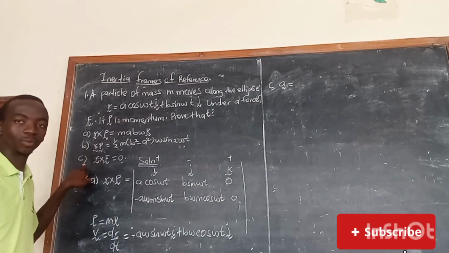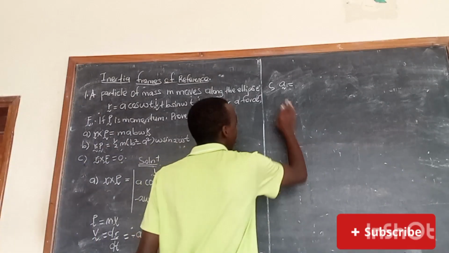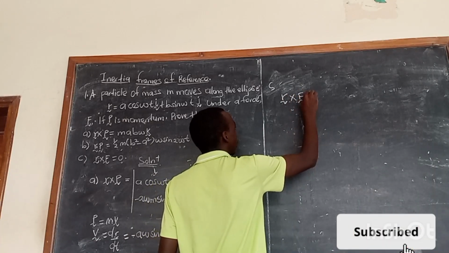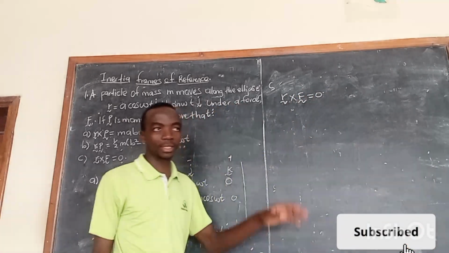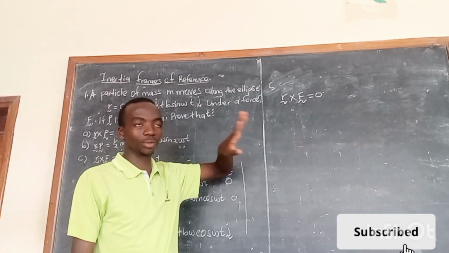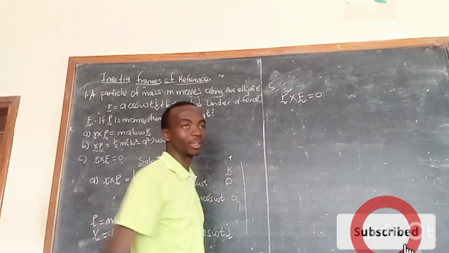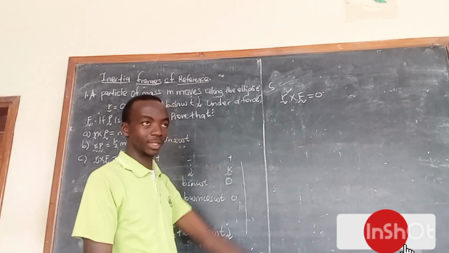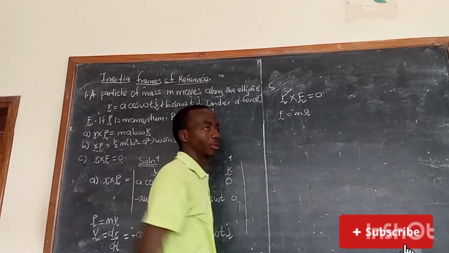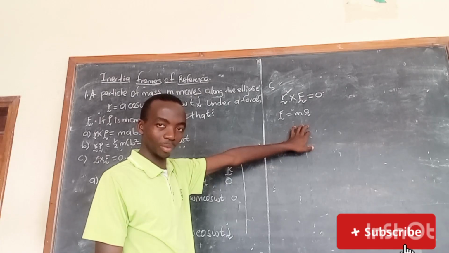For part C, which is actually our last part, we need to prove that the cross product of position and force is equal to 0. What we shall do: we already have the position, and we know that force is equal to ma, according to Newton's second law of motion.